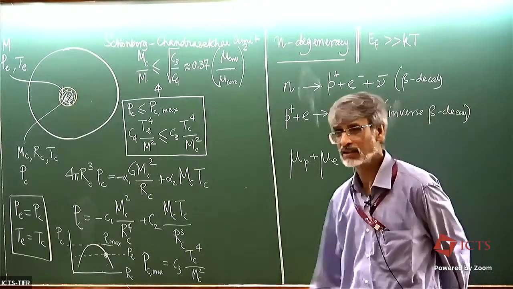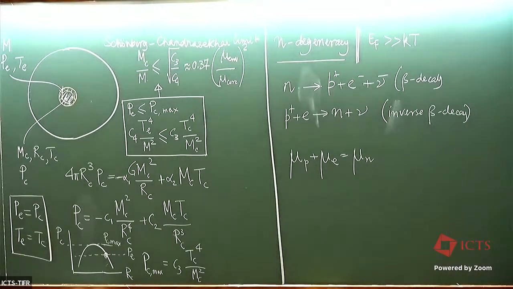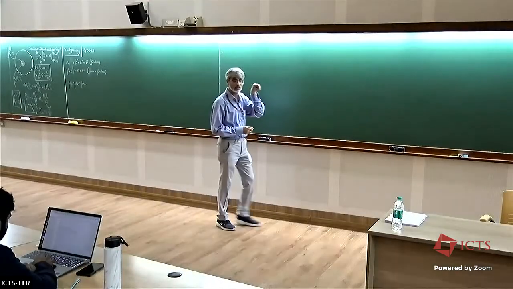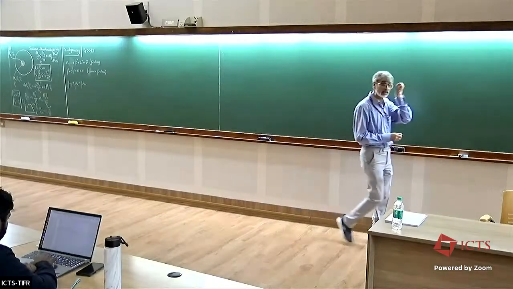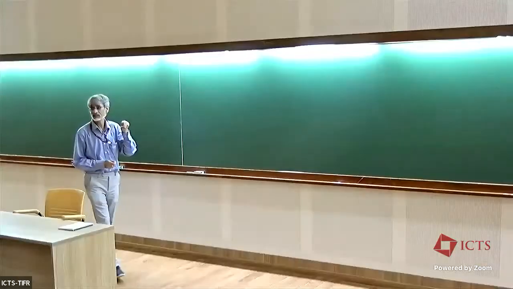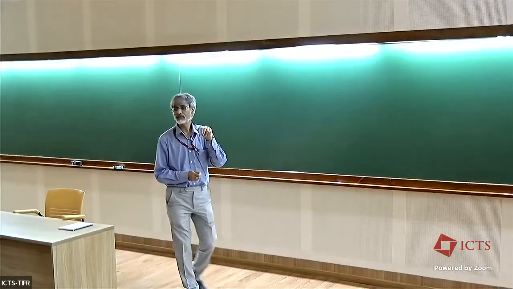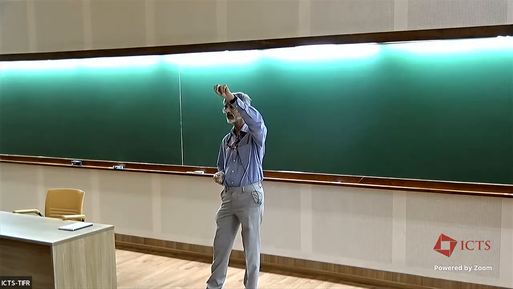Yesterday we did the expression for Fermi momentum, right? So at a given density, I can always compute the Fermi momentum for any species, right? So what do I mean by Fermi momentum? That means if I now want to add another particle to the system, that particle must have a minimum of that momentum.